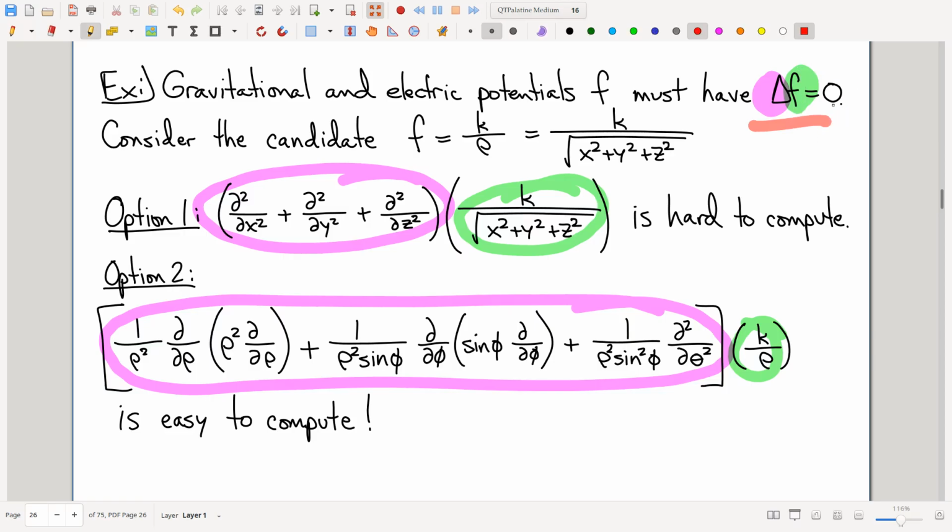So what we have to decide now is which of these calculations we would rather do. I think you can probably tell this first calculation is going to get a little hairy because there's fractions and square roots and a composition in the denominator and second derivatives.